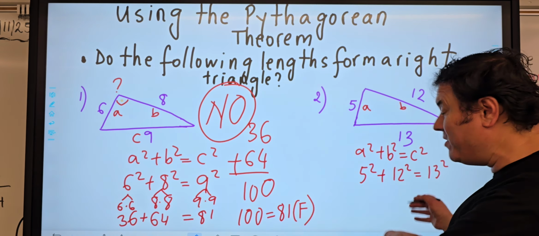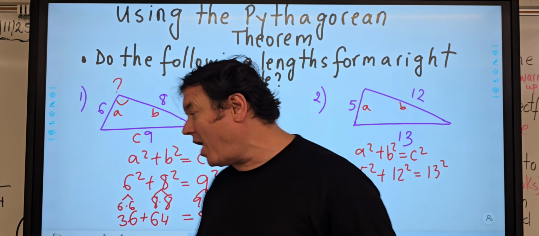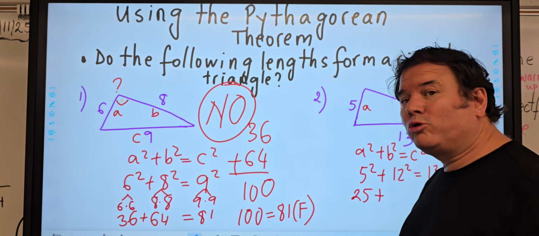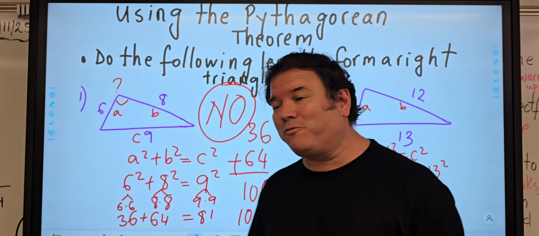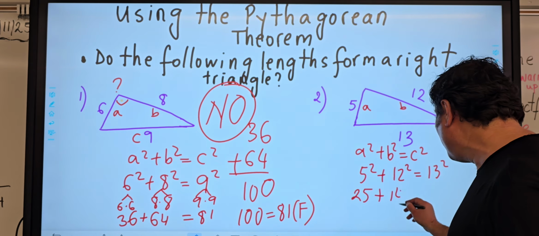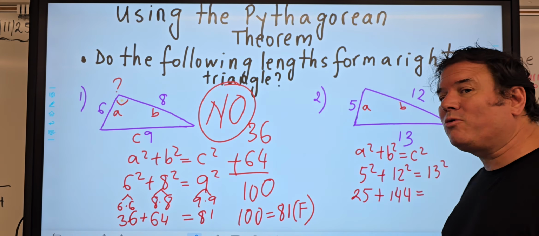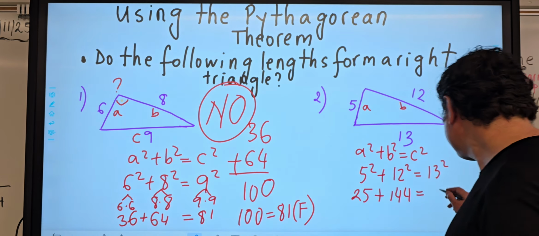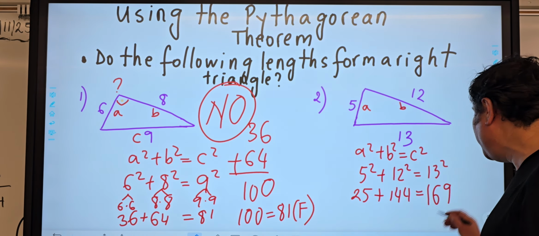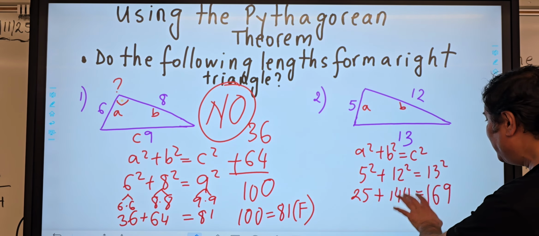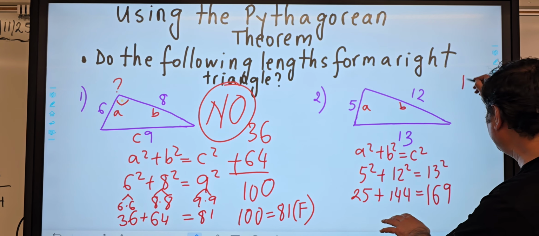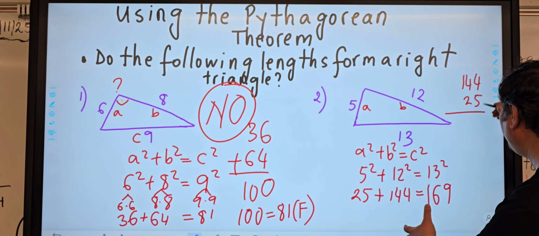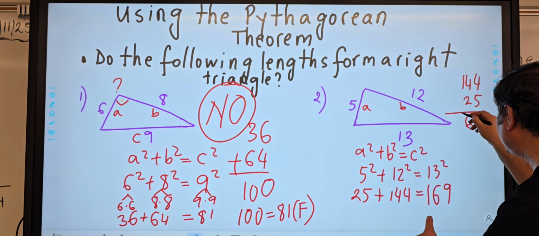We know from the previous video that 5 squared is 25, 5 times 5 is 25, plus 12 squared is 144, equals 13 squared, which is 169. Let's see if this is actually true. 144 plus 25 is that's a 9, that's a 6, and that's a 1.